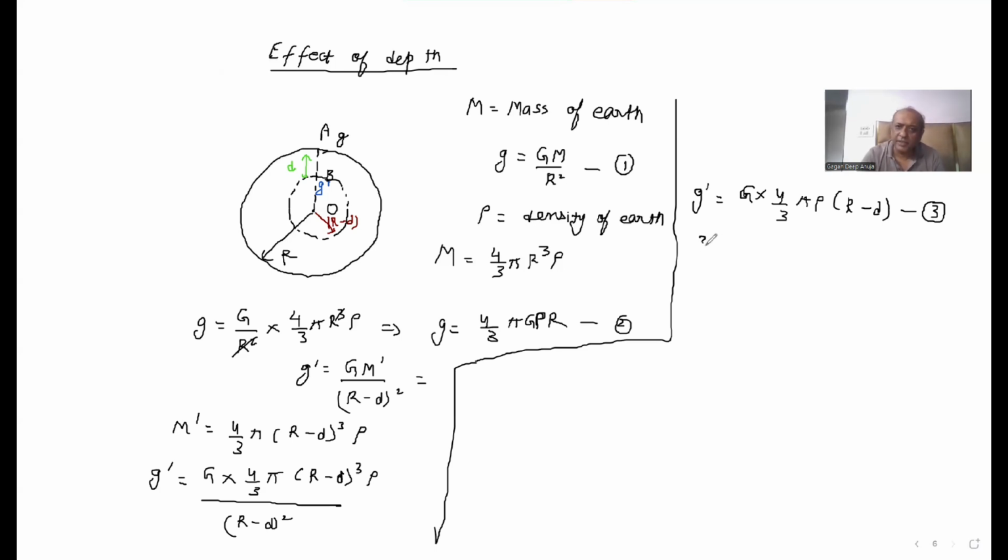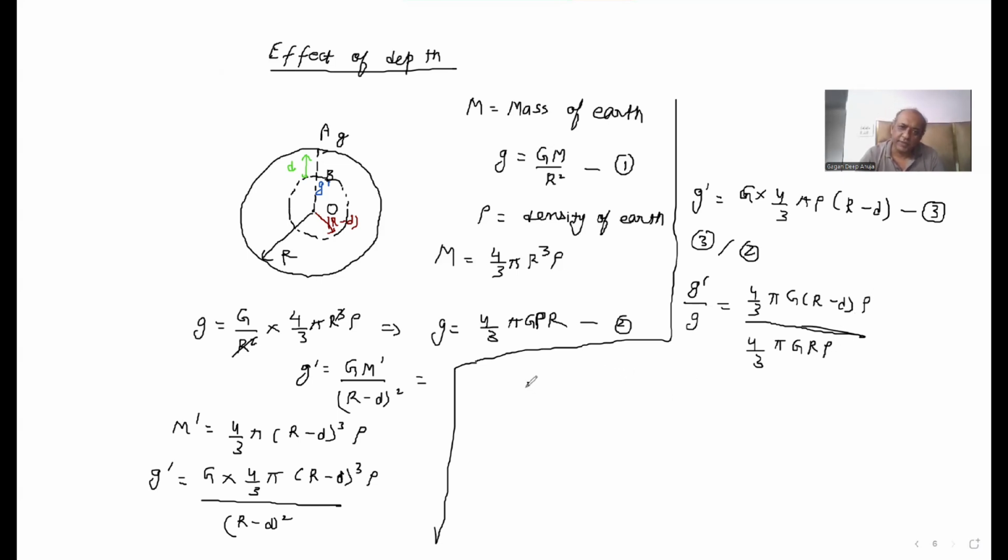If I divide equation number 3 with equation number 2, what I get is g dash divided by g, that will be equal to 4 by 3 pi capital G into (R minus d) into rho divided by 4 by 3 pi into G R rho. So 4 by 3 gets cancelled, pi gets cancelled, G gets cancelled, rho gets cancelled.